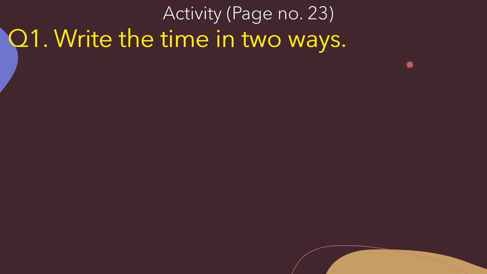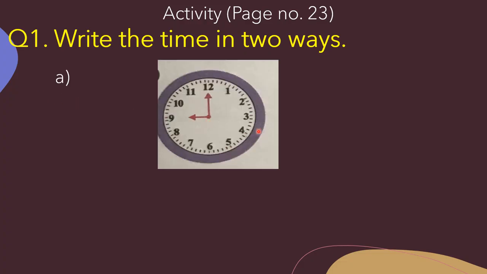Now we will do the activity on page number 23. Here in question number 1 it is given: write the time in 2 ways. So here in part A we have a clock. Now we have to write the time given in this clock in two ways.